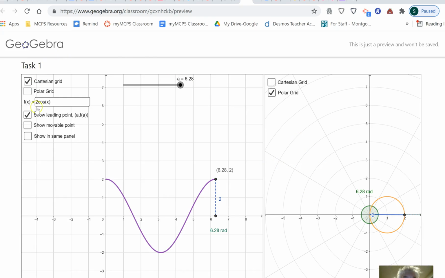In this graph, it's 2 cosine x. Cosine is mostly associated with x or the x-axis. Notice how my yellow circle is symmetrical over the x-axis. So it makes sense. If cosine goes with our x values, the symmetry of this type of circle polar graph is going to be symmetrical over the x-axis.